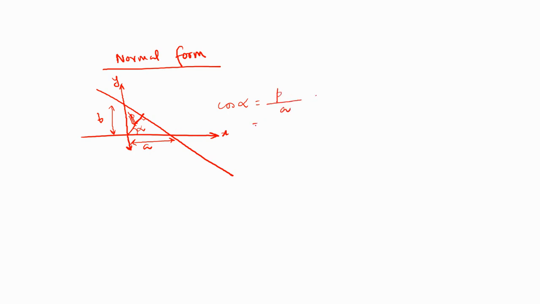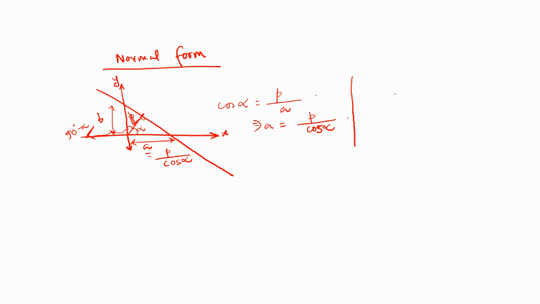So p by a. So from here you get a equals p by cos alpha. And let's come to this triangle. What will be this angle? If this is alpha, this is 90 degree minus alpha.